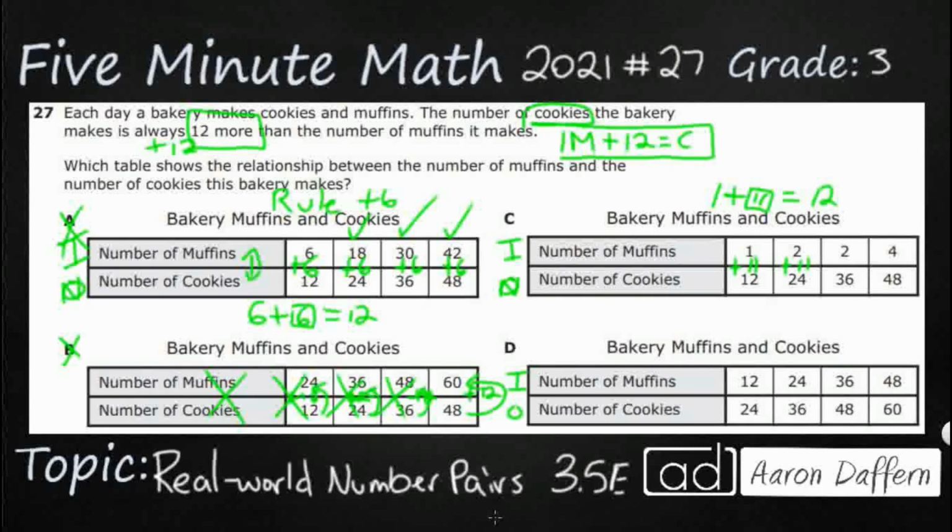So if it's not plus, then it must be multiply. That's the only other way that we can get bigger. So 1 times what makes 12? 1 times 12. Duh. So what if we did a times 12? Does that work? Yes. 2 times 12?